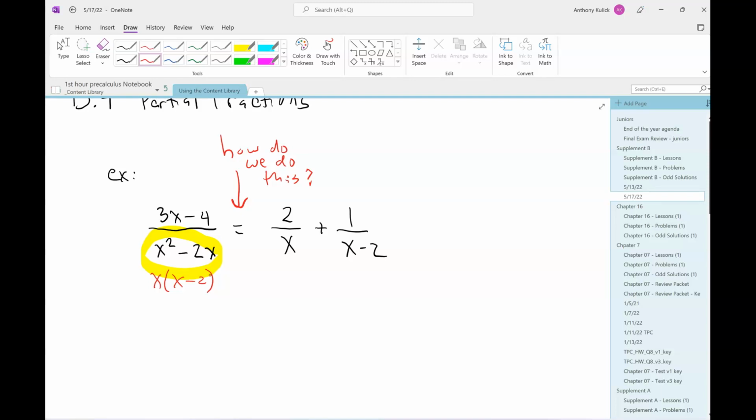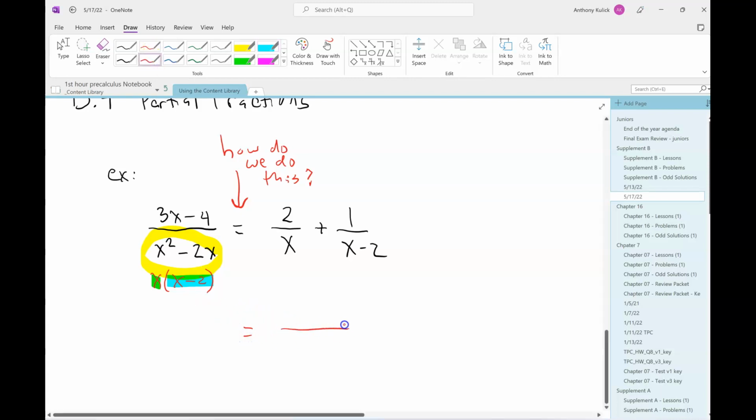So, as long as these factors, so we have two factors here in the denominator, are both degree 1 factors, like I just have 1x and I have just 1 x minus 2, everything is pretty straightforward. We'll look at an example where we have multiple copies of one factor.